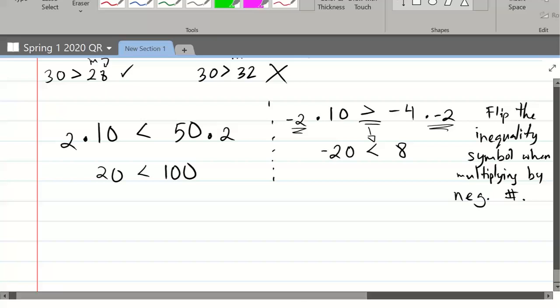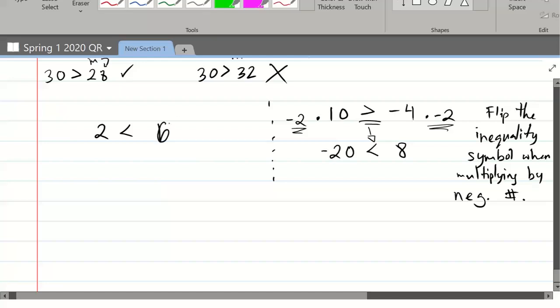Now, again, I'll give you another example of this. So let me erase this, right? So 2 is less than 6, right? 2 is less than 6. If I multiply this by negative 3, you get negative 6, negative 18.